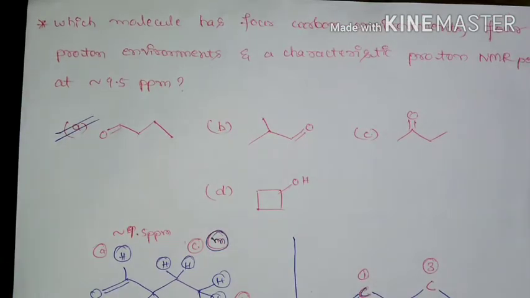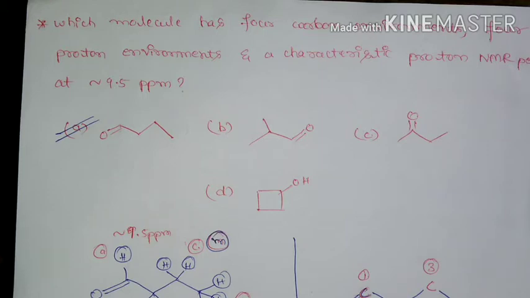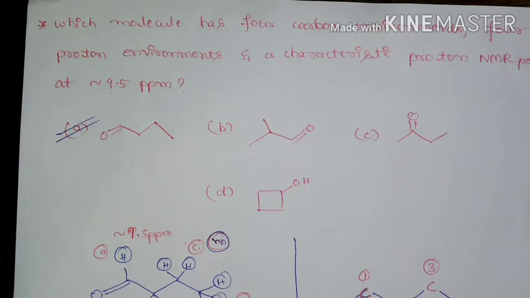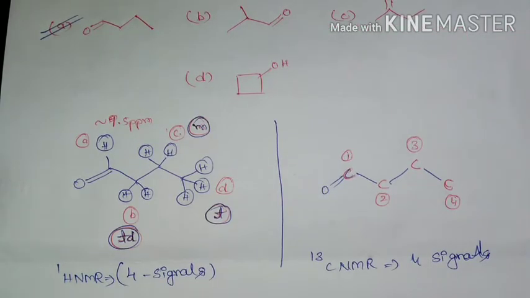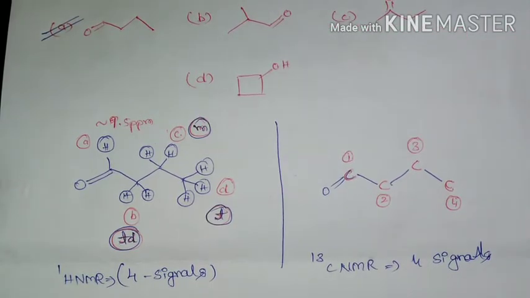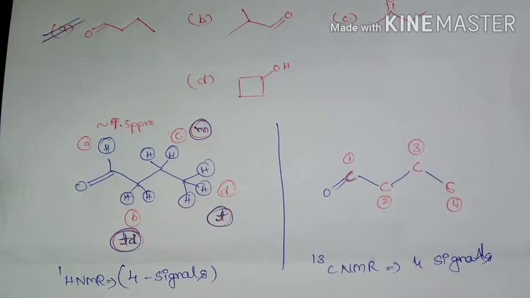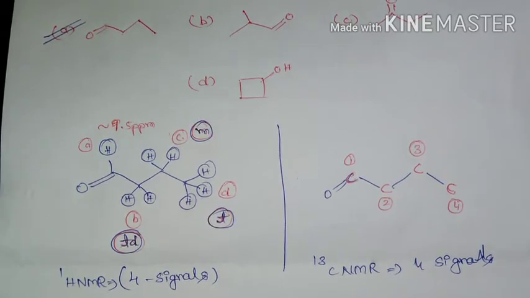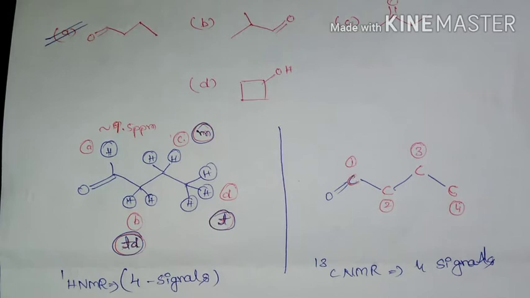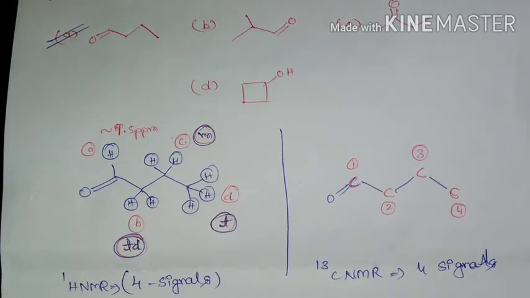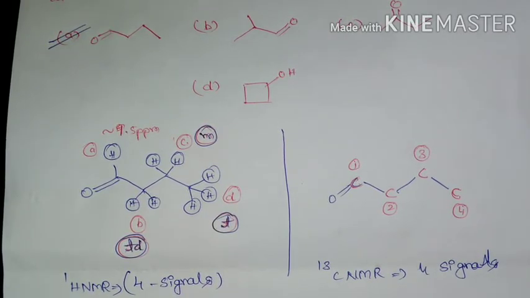So if we come to the next question, which molecule has 4 carbon environment, 4 proton environment and a characteristic proton NMR peak at 9.5 ppm? So here option A will be correct. In the butyl molecule, we can get 4 signals in NMR, that is 1 signal due to aldehydic proton, 2 signals due to methylene proton and 1 signal due to methyl proton.